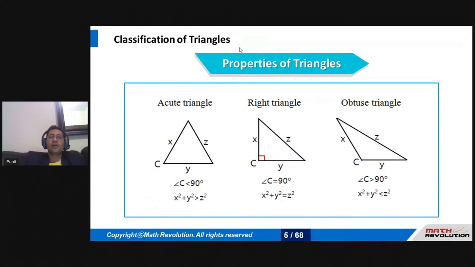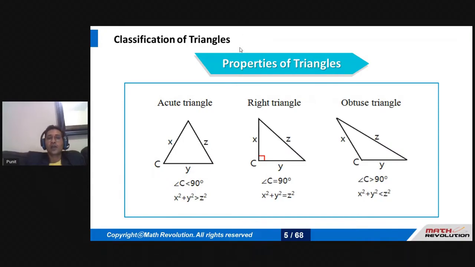But how does this work in terms of acute triangles and obtuse triangles? There involves the inequality. And let me tell you, if you have an understanding of these three important equations here, your questions would be solved very easily. So when we talk about an acute triangle, over here, angle C is supposed to be less than 90 degrees.